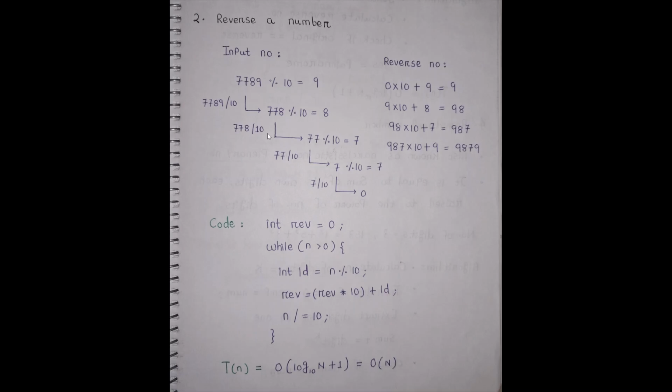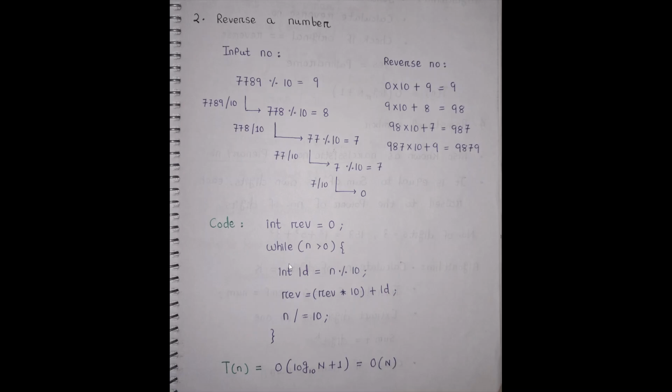Then again do the same thing: divide the number by 10, extract the modulo or the last digit, then apply this logic to multiply by the place value and add that remainder or the last digit. So this is basically our algorithm to solve this problem.